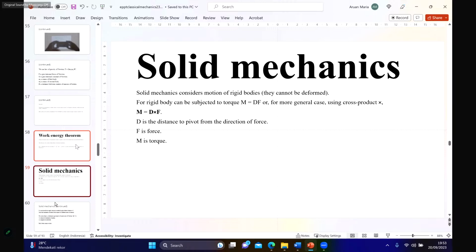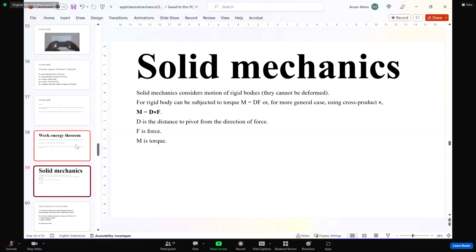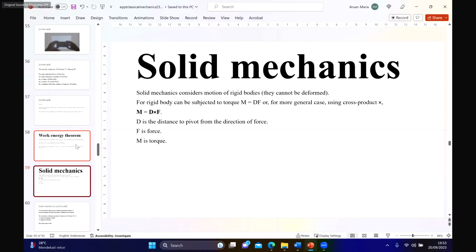In secondary school, we were told that moment of force or torque is equal to force times distance. But that would be too simplified, too simplistic. In this case, the angle is 90 degrees, so sine of 90 degrees is 1. So that's what we learned in secondary school. But here we learn that moment of force or torque M is equal to distance cross product force.